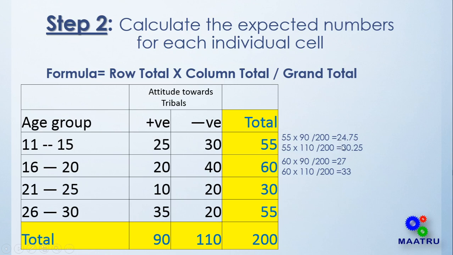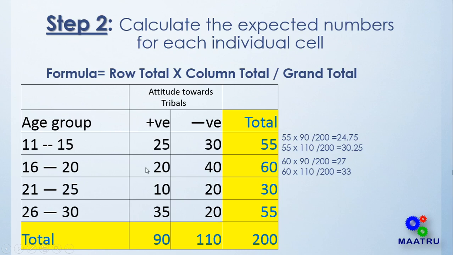equals 24.75. That is the expected value for cell 1, that is row 1 column 1. Cell 2 is row 1 column 2. The first row total is 55 and the second column total is 110. So 55 into 110 divided by 200 gives us the value of 30.25.